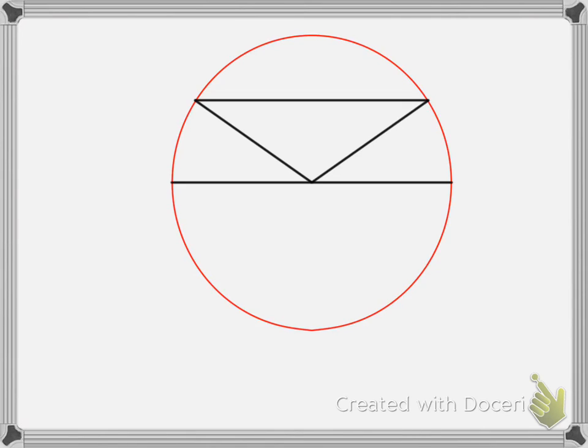I know that this is 2, and this is 2, and this is 1. All right? This is a right triangle, and I hope that is obvious to us. Okay?